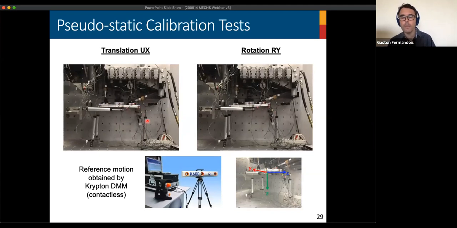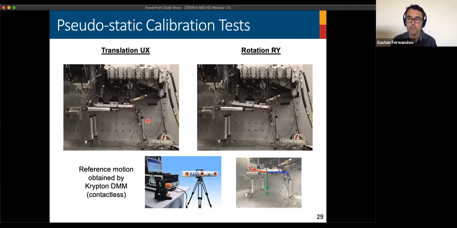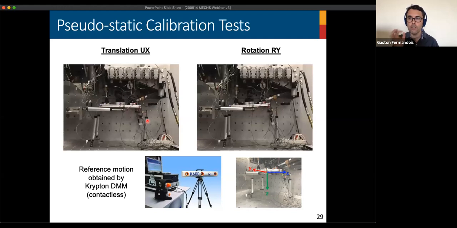This is quite a challenge, and something that probably needs to be considered in future studies. Measuring the position in Cartesian space is quite difficult. Right now, we're using sensors like LVDTs or linear potentiometers because we can create an electrical signal that we can feed back into a microcontroller and run some calculations to try to predict the exact position in space of the specimen. But that's very difficult to do.